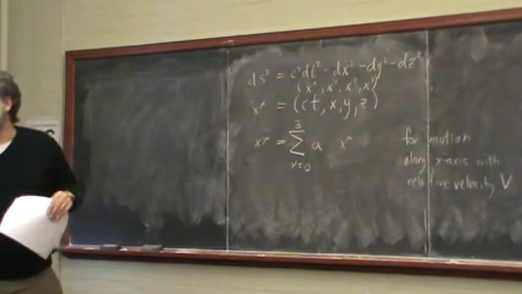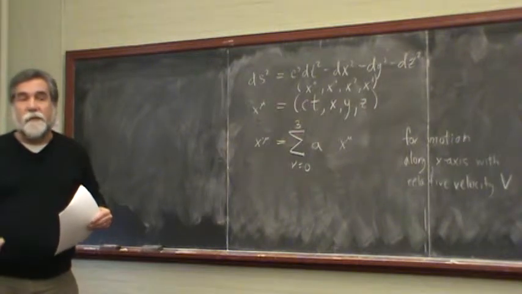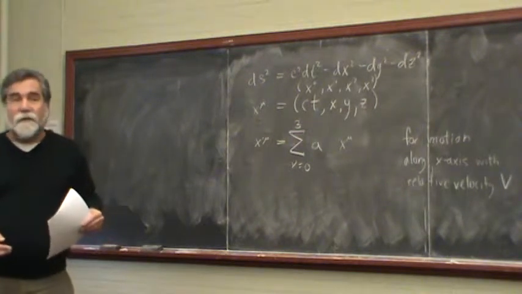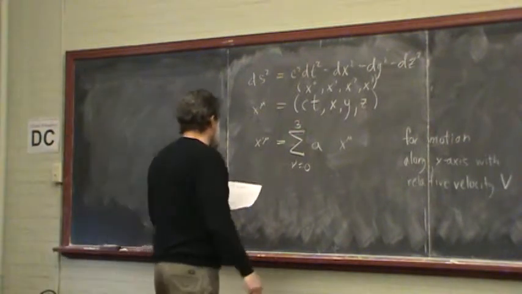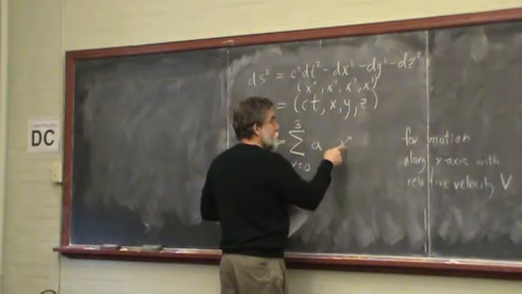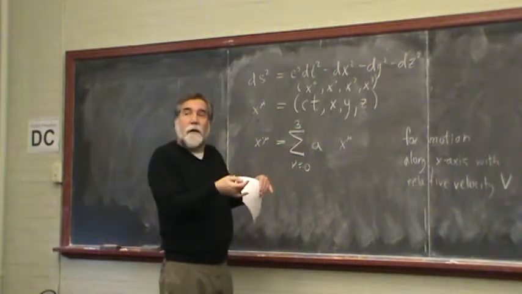Then these two sets of coordinates have to be related to one another. We already know the Lorentz transformations that relate them. And so I'm going to try to construct this in a more compact way.